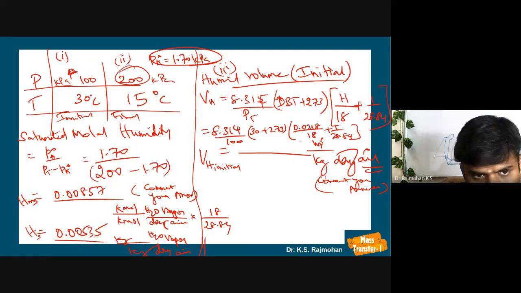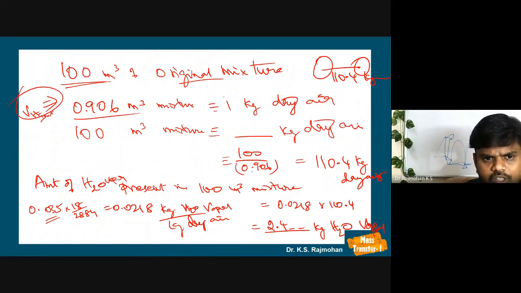It is mentioned that 100 meter cube of original mixture is present. So we calculated the corresponding amount of dry air, which is 110.4 kg dry air. Using this, we have absolute humidity, sorry, we have 0.0218 kg of water vapor per kg dry air.